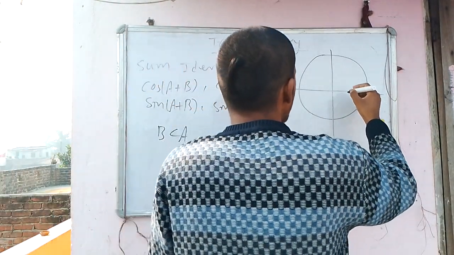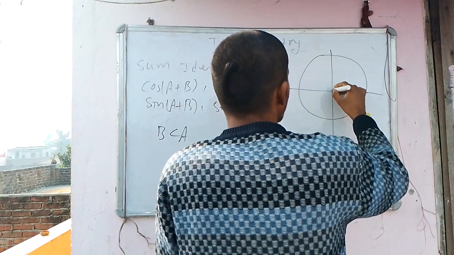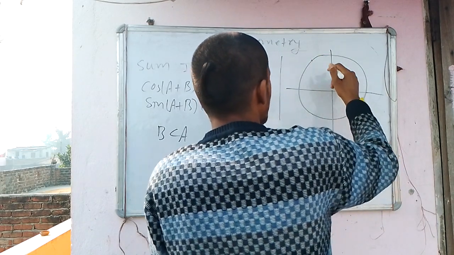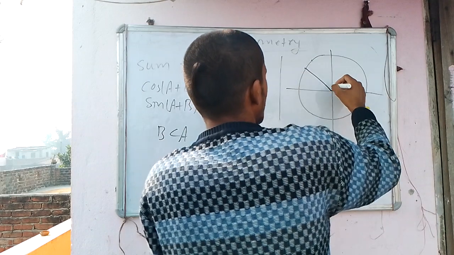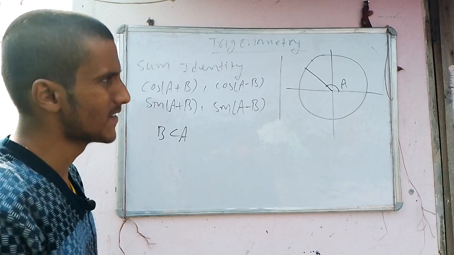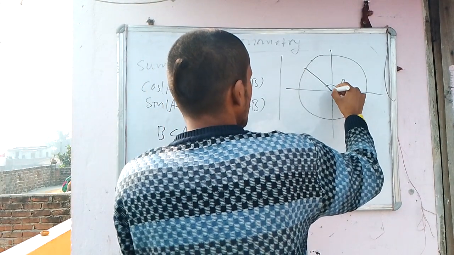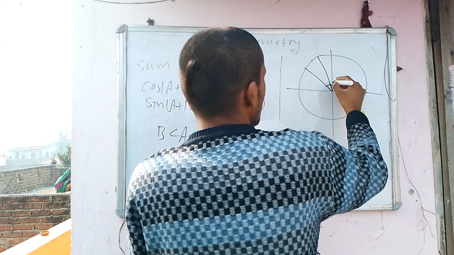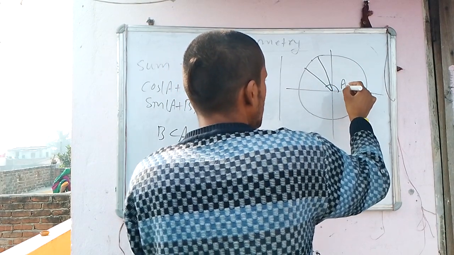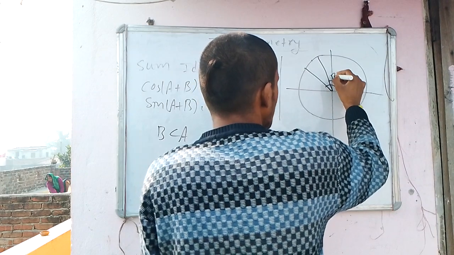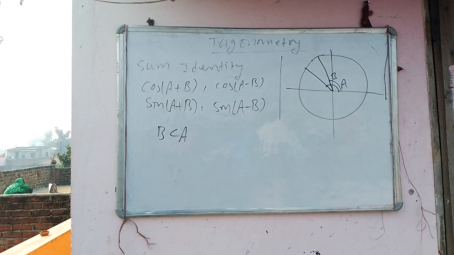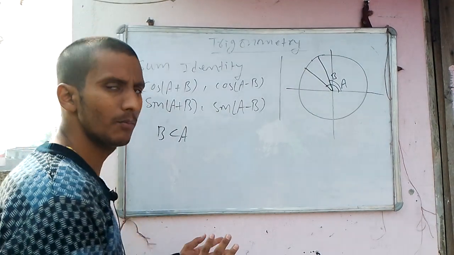So let's say A is here. Let's make it more tilted. So this much is A, and this much is B. Alright, but wait here.